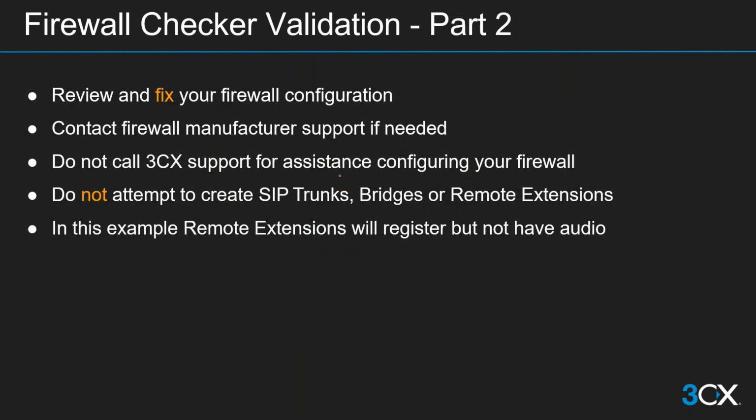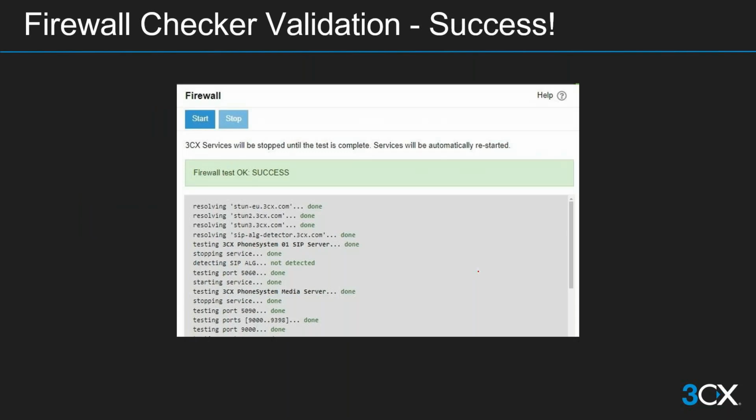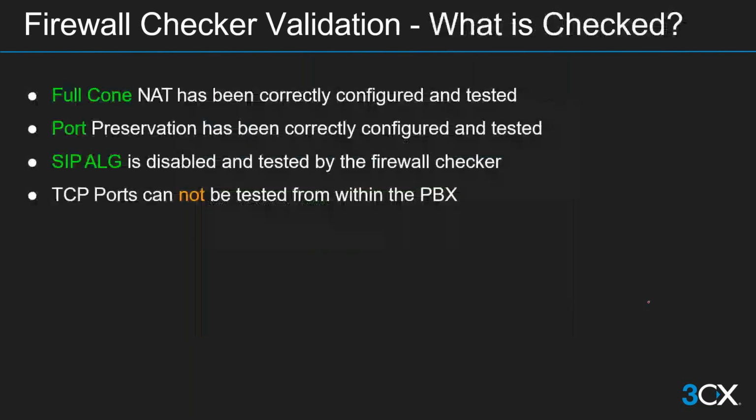Do not call 3CX support for assistance configuring your firewall. Do not attempt to create SIP trunks, bridges, or remote extensions. In this example, remote extensions will register but will have no audio. And then here you see, done, success. Full Cone NAT has been correctly configured and tested.